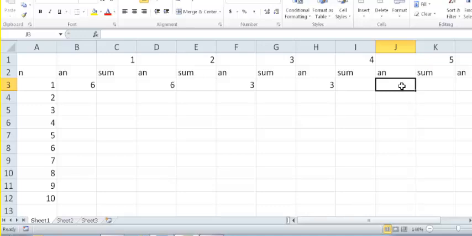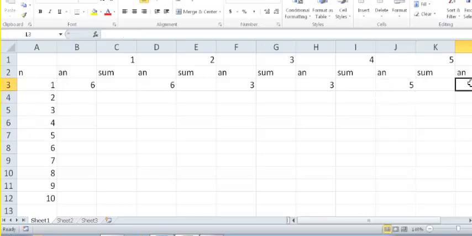Okay, so the next problem is 10 divided by n divided by 2 to the n. Okay, that's 5, yep.